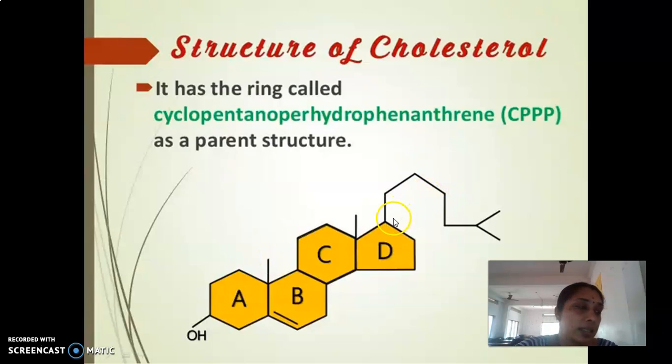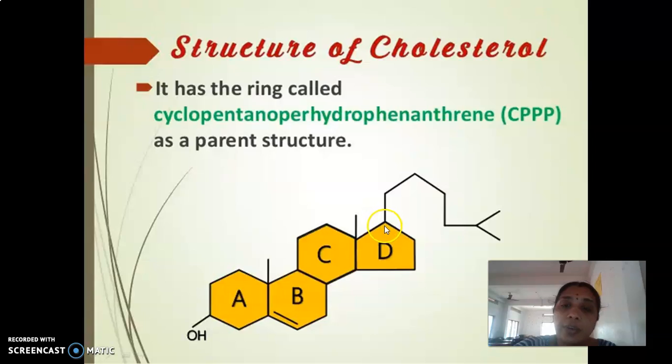Okay, and there is a side chain. This is the isoprenoid side chain, and this is the 17th carbon atom, right? So the numbering starts from this position. So 1, 2, 3, 4, 5, 6, 7, 8, right? 9, 10, then 11, 12, 13, 14, 15, 16, 17. So on the 17th position, we have the isoprenoid side chain.